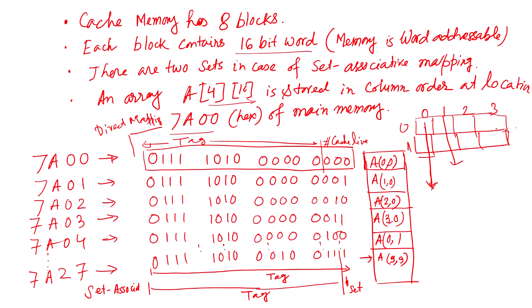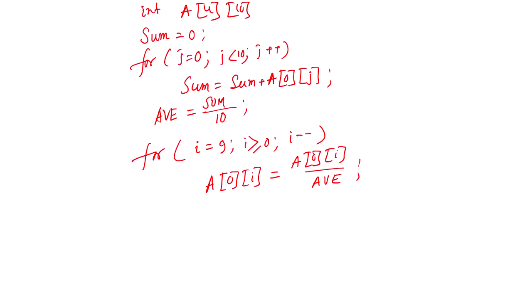And this is how we stored the data, like 7A00 location we started, and then for direct mapping we have the bits, for associative mapping and for set associative mapping. Now, if we use the direct mapping, what will be the content? If we use the set associative mapping, what will be the content of the cache memory while executing the program? Okay. And then this is the program, and now we have to show what is the content of cache.